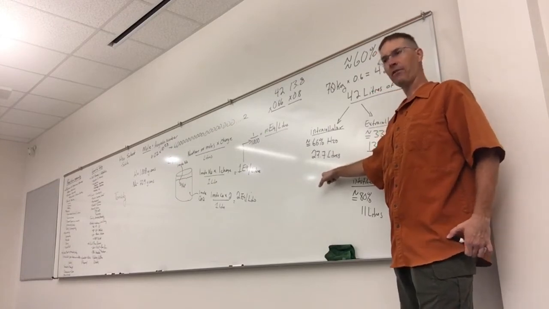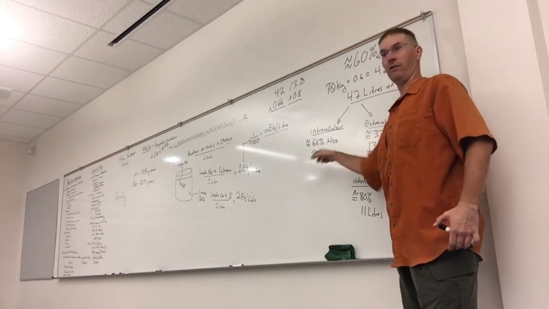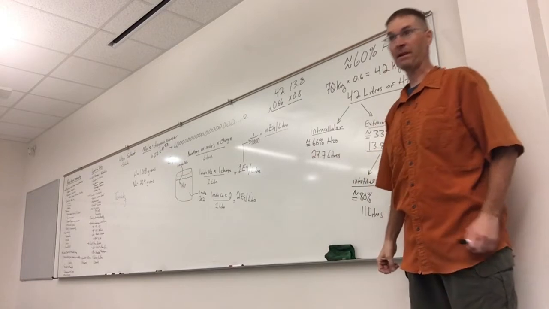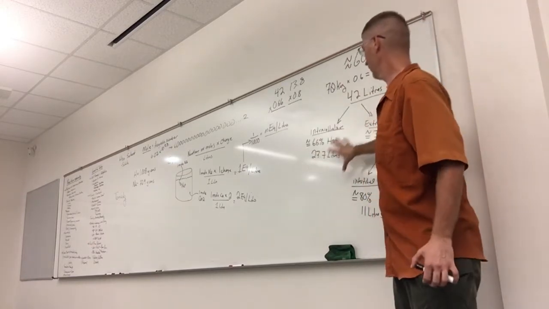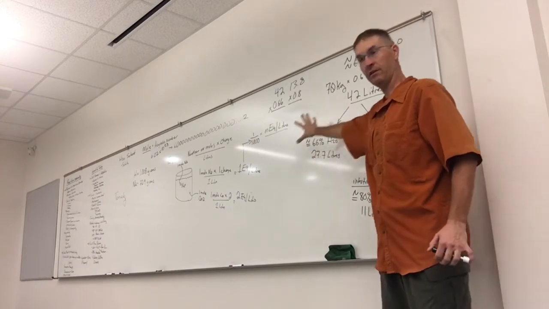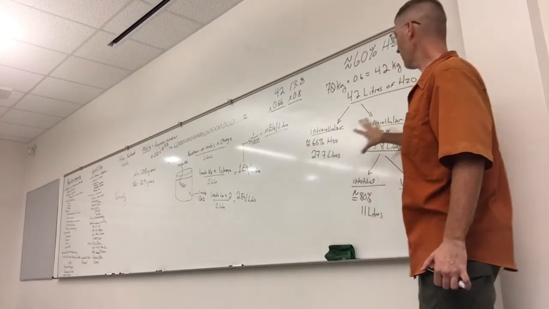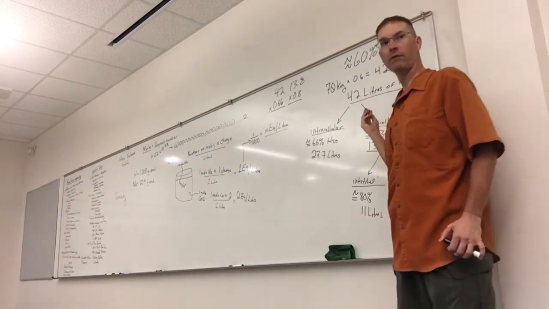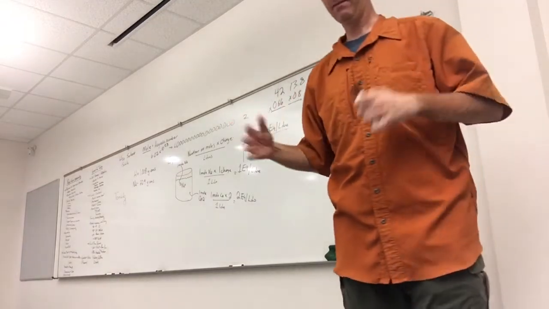I might need another kind of IV solution to cause a shift of water into the cells. Or let's say I have too much water in the cells. Maybe I need a hypertonic solution to draw water out of the cells. So it depends, and we're going to get into that a little bit today.